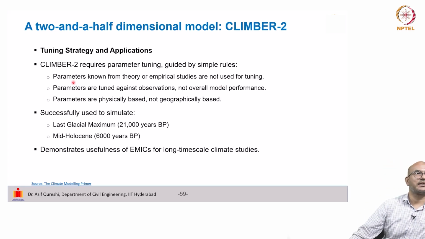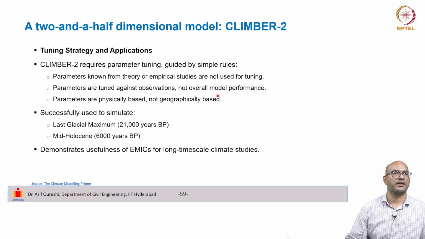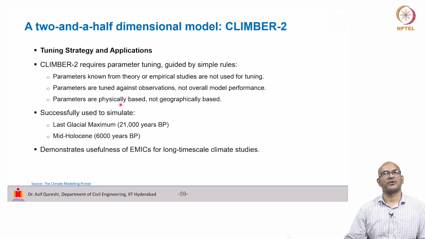The parameters that can be tuned are tuned against observations, not the overall model performance. So, parameters should be tuned so that the observations can be reproduced realistically. But also the parameters should be physically based and not based on geography only.